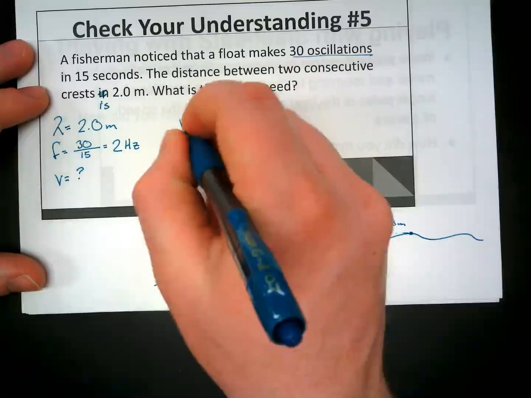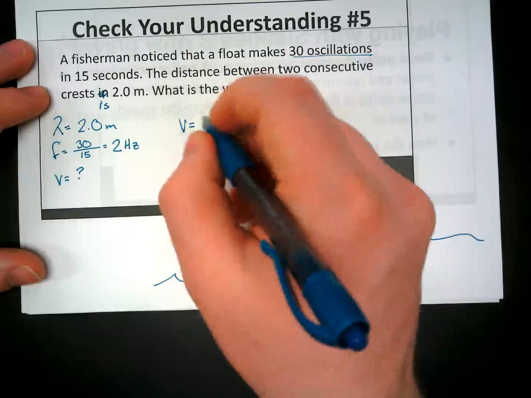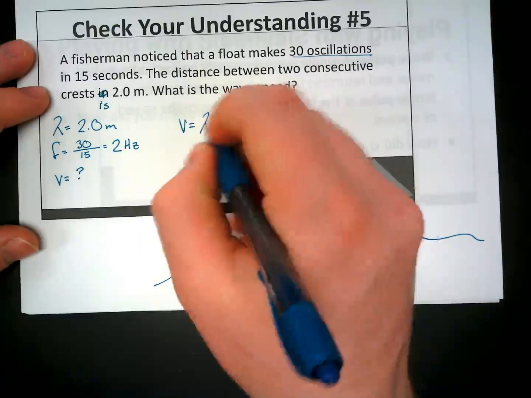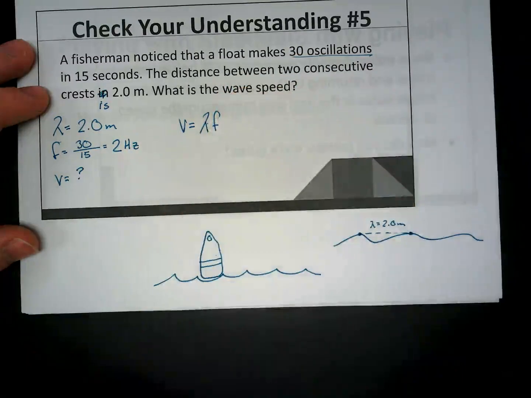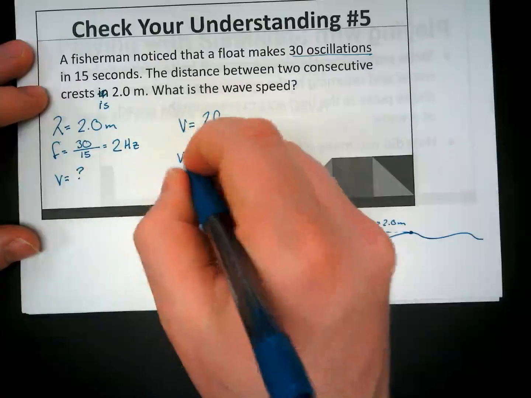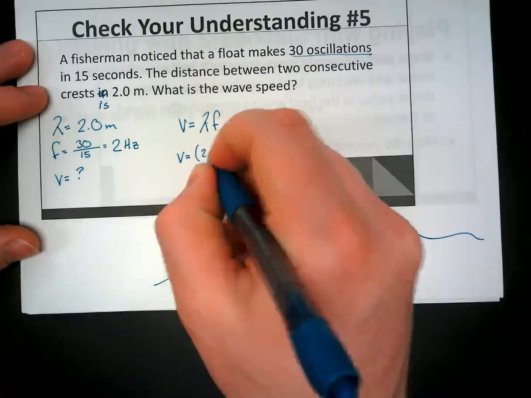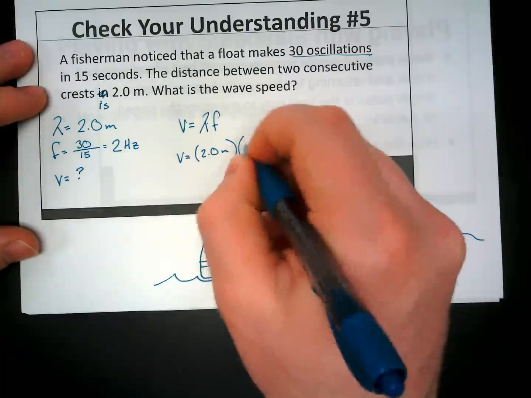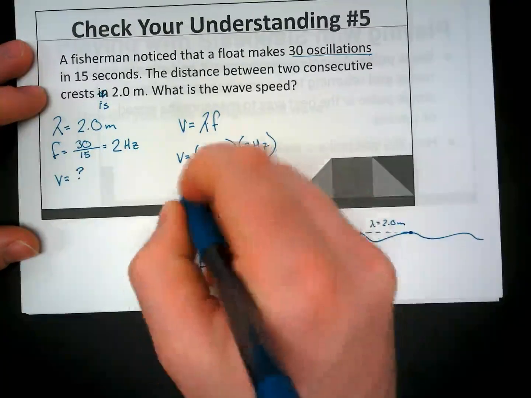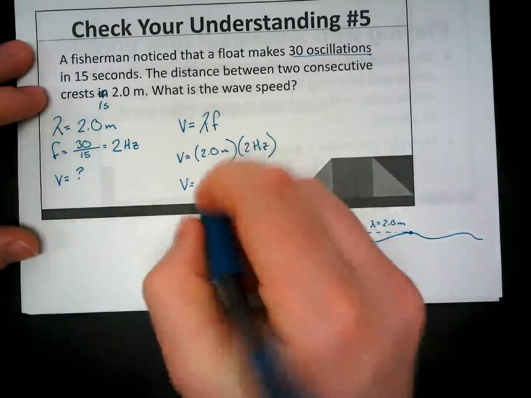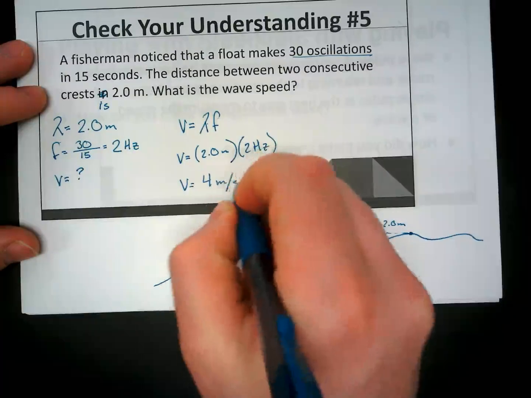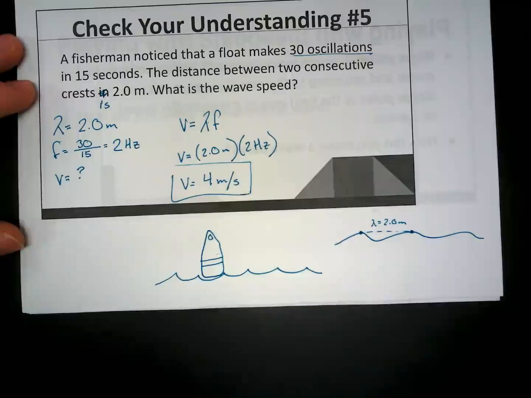Okay. And so he then would have to do this. Velocity is equal to the wavelength times the frequency. Okay, so that's going to be our 2 meters times 2 hertz, which is going to give us a velocity of roughly about 4 meters per second.